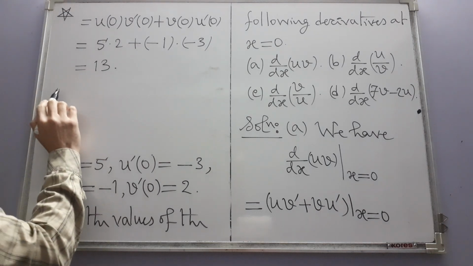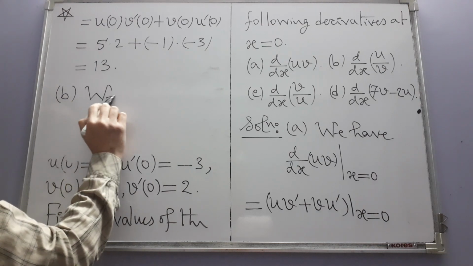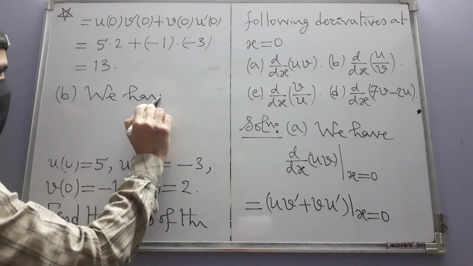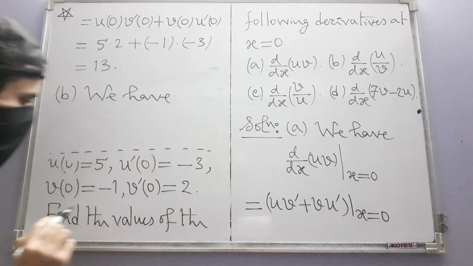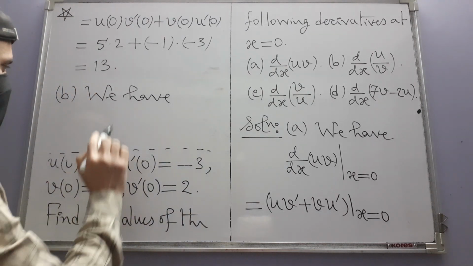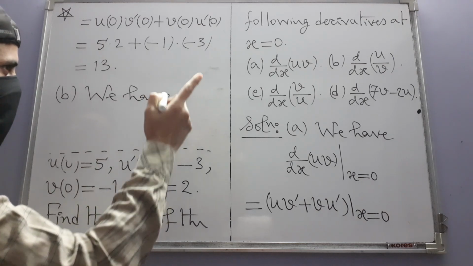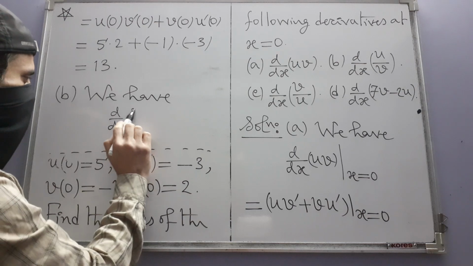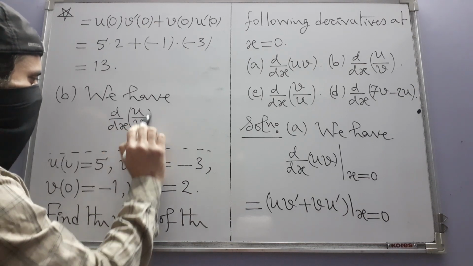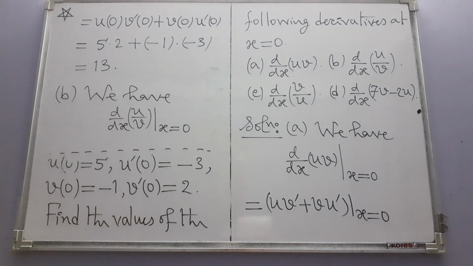Next, B. We will have to keep this part. Okay, we cannot erase it right now. So in B we have the derivative of u divided by v, and we need it at x equal to 0.